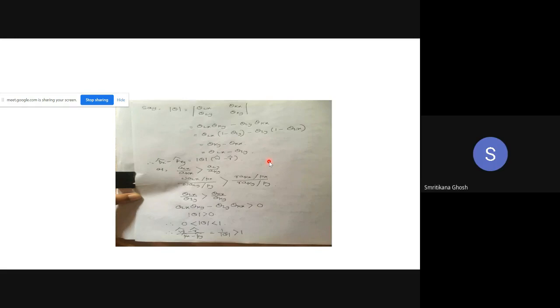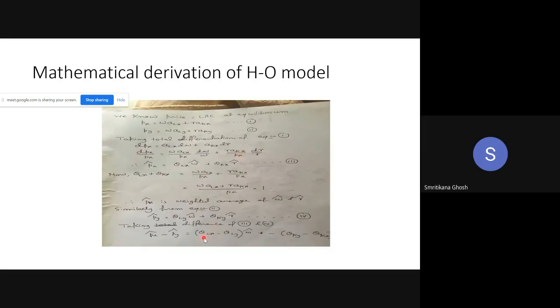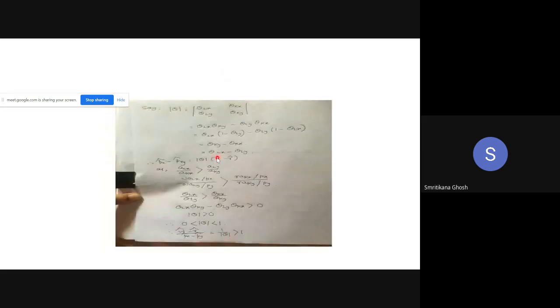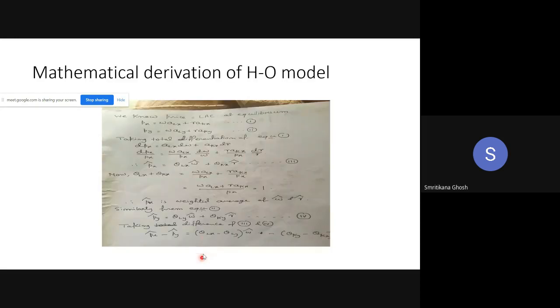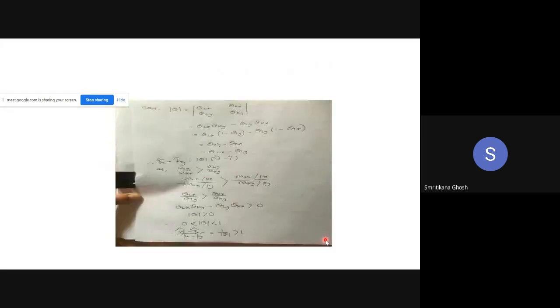Now, what are those values? Look, theta Lx minus theta Ly. I can replace this total term by determinant theta. Similarly, theta Ky minus theta Kx is also determinant theta.